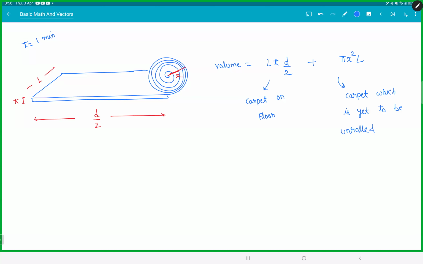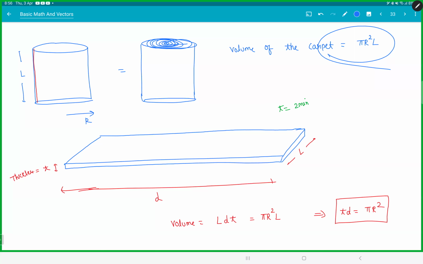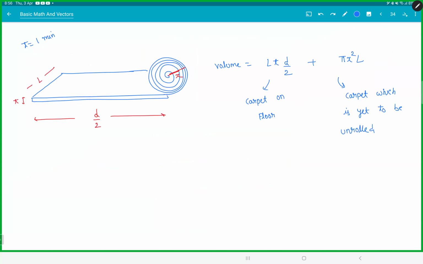Everyone clear with this? But tell me one thing, shouldn't this volume be equal to the original volume again? Because no matter what you do, the volume of the carpet cannot change. Is that making sense? So therefore, this volume, which is L t d by 2 plus pi x square L, must be equal to pi r square L. L will cancel everywhere.